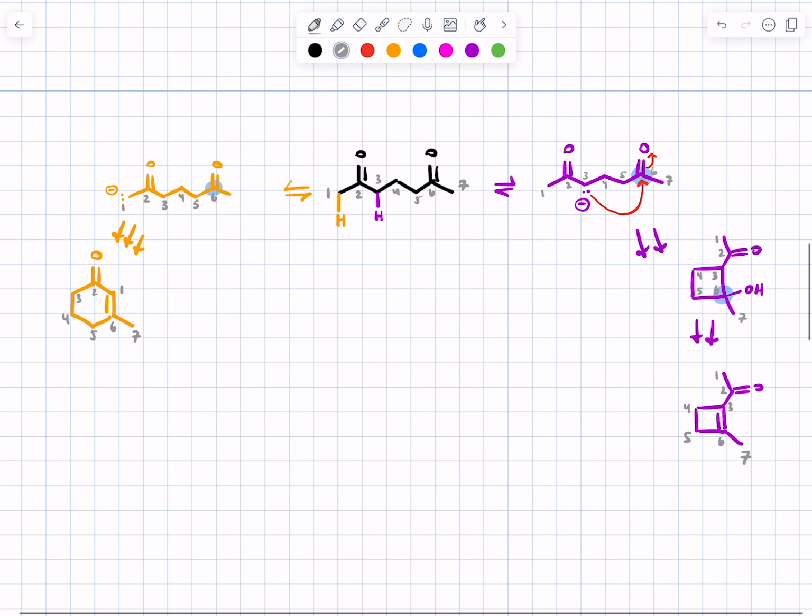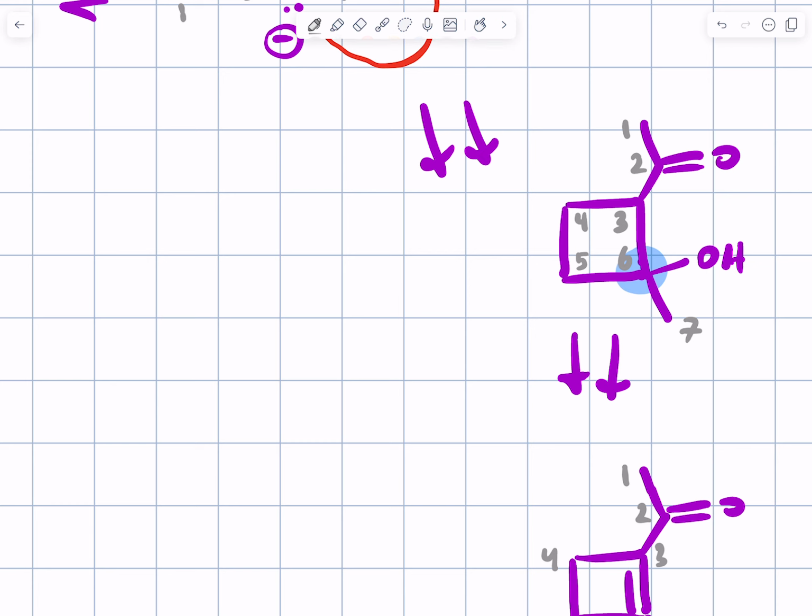Do you see those two options? Go ahead. For that last dehydrated product to form, wouldn't the base have to deprotonate a tertiary carbon? Isn't that very unlikely, unstable? You're pointing out that in order for the dehydration reaction to happen, the base would have to remove this proton.